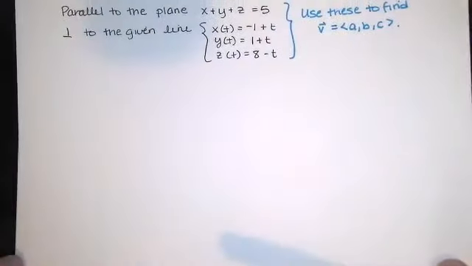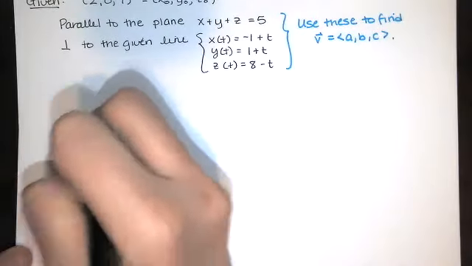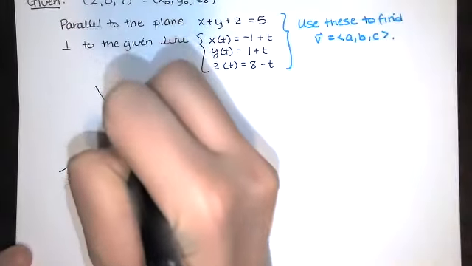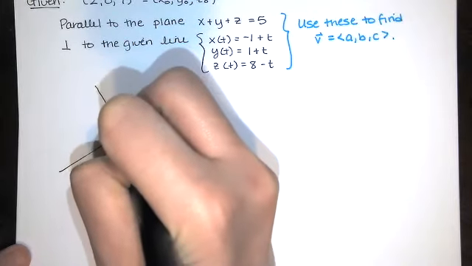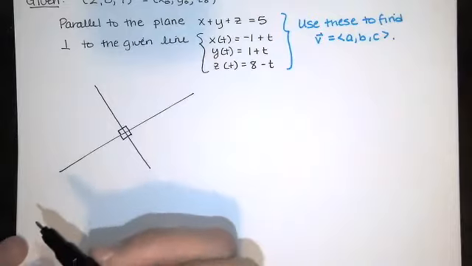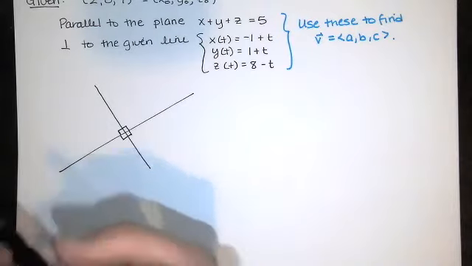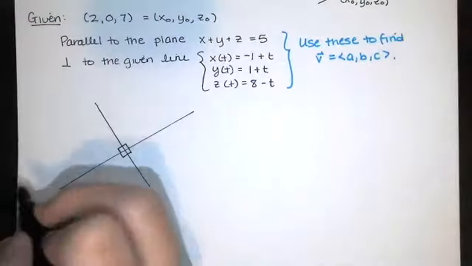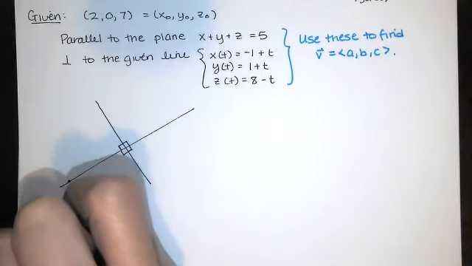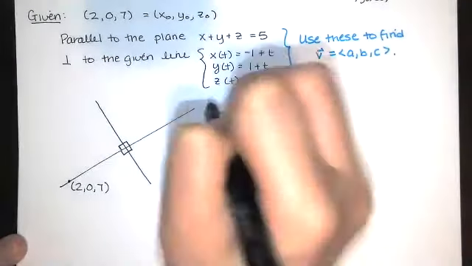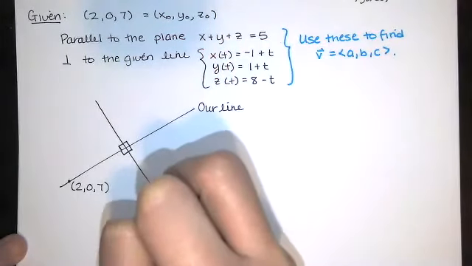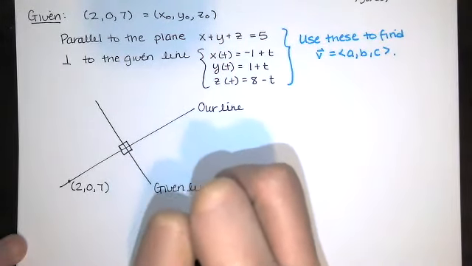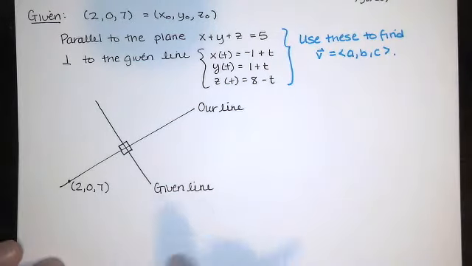So basically we've got two lines. Here's our line, and here's the given line. And we know that they're perpendicular to each other. We know our line passes through the point 2, 0, 7, and it has a direction vector v, which is unknown.